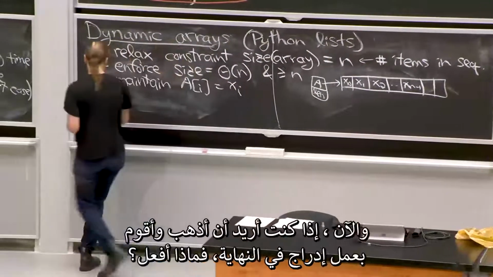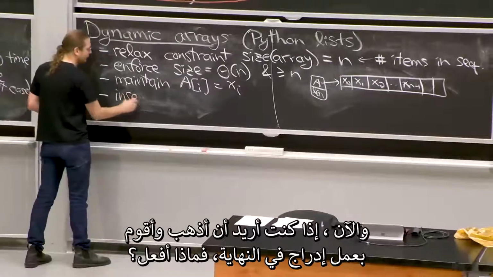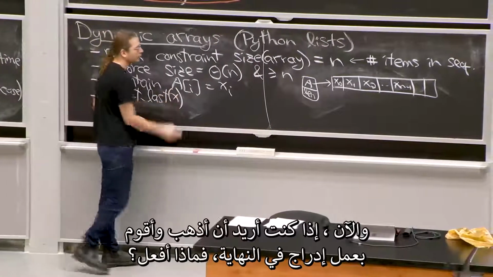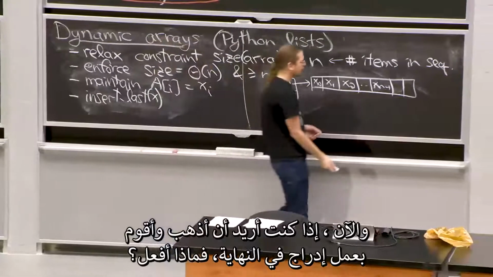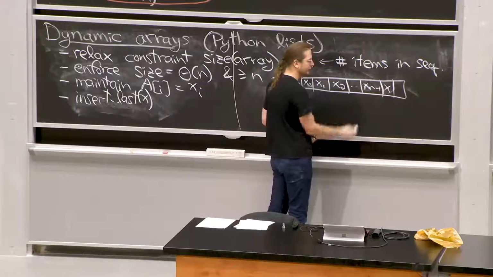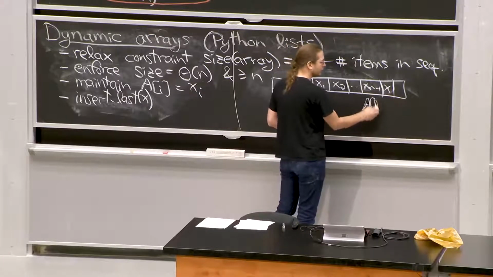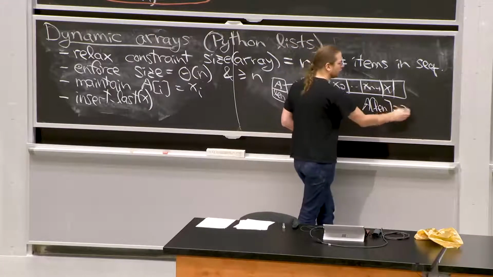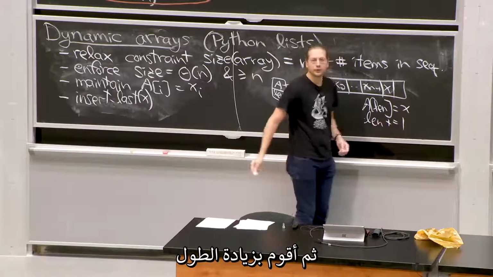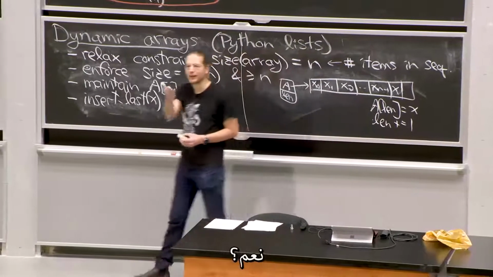Okay, so now if I want to do an insert last, what do I do? I just go to a of length and set it to x. And then I increment length. Boom, easy, constant time.